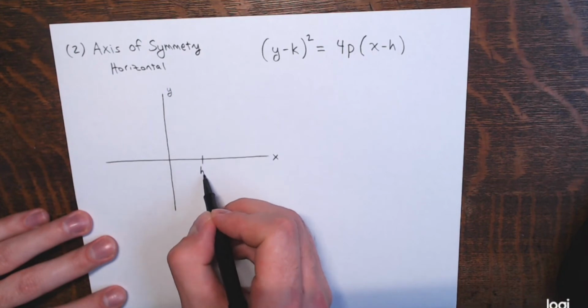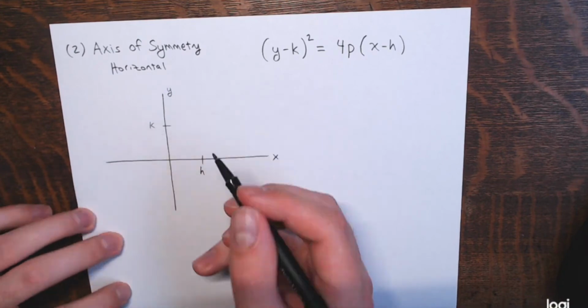So there's h and here's k, so there's the vertex.